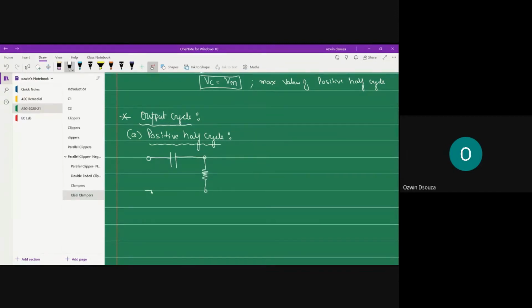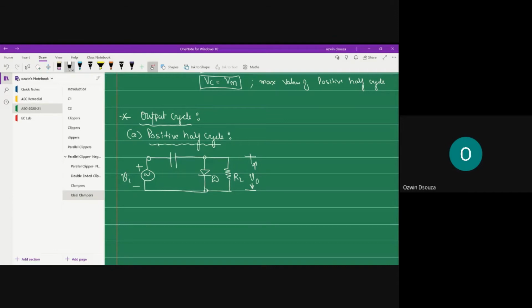Over here, your participation is very, very important. It's a diode, which is ideal in nature. And then comes the load resistor. So positive half cycle, let us put the positive polarity, and this is your diode.